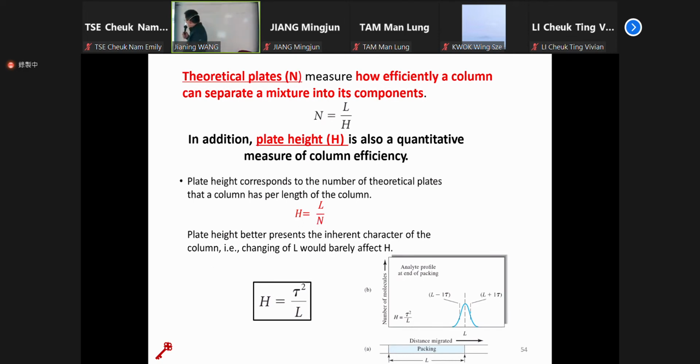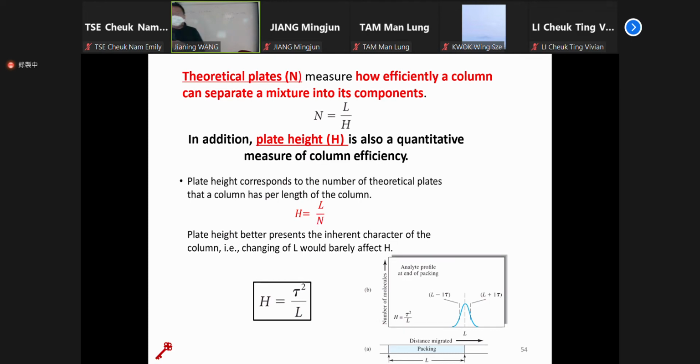Okay, let's start. So here you can read that plate height is also a quantitative measure of column efficiency. That's why, with the spectrum we showed before, there are high efficiency and low efficiency.